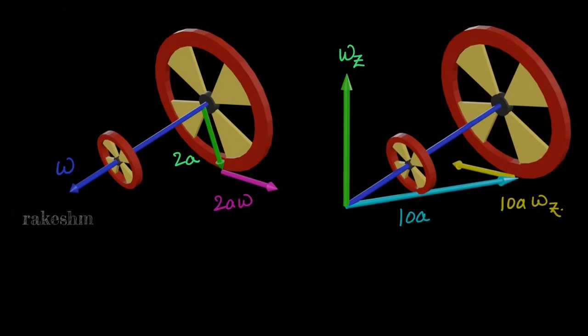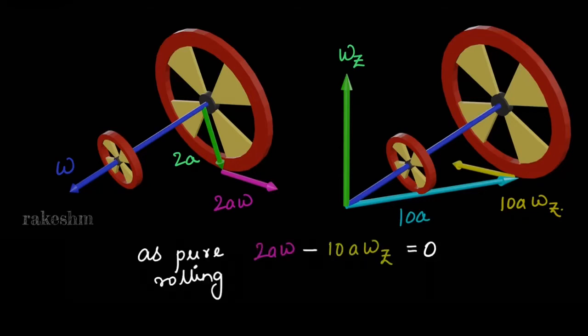Now let us combine the two rotational motions that we have discussed. We are considering the velocity of the point on this disk which is in contact with the ground. The velocity of this point due to this rotation is 2a omega, and due to this rotation is 10a omega z.